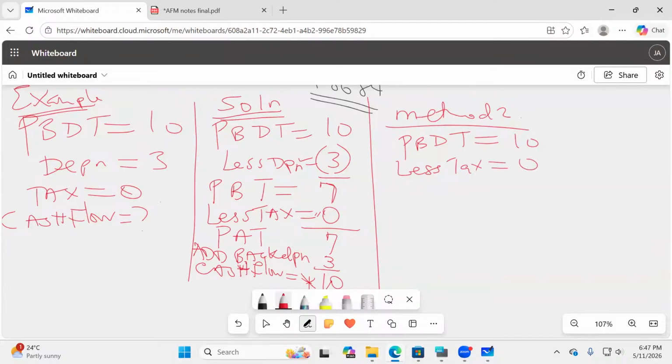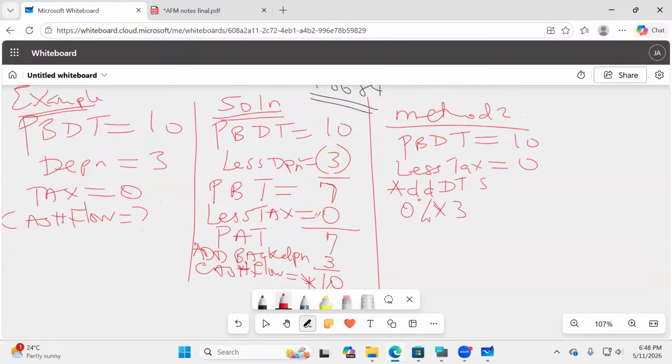You never subtracted depreciation. Now you need to add what we call a depreciation tax shield, which will be the tax rate times depreciation, which is 3.